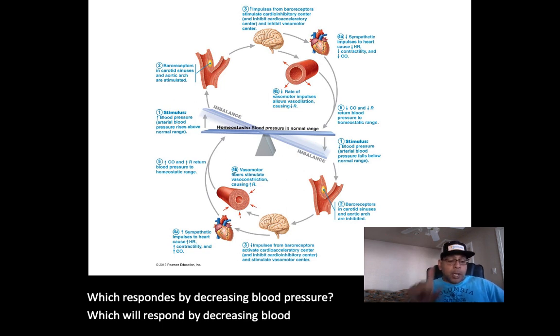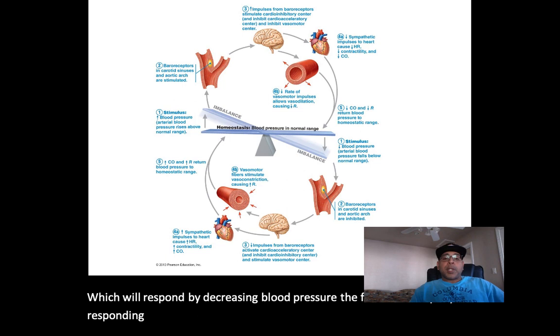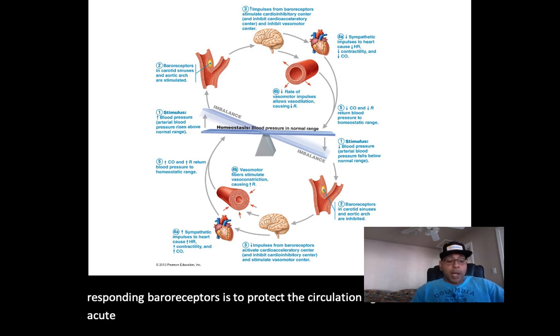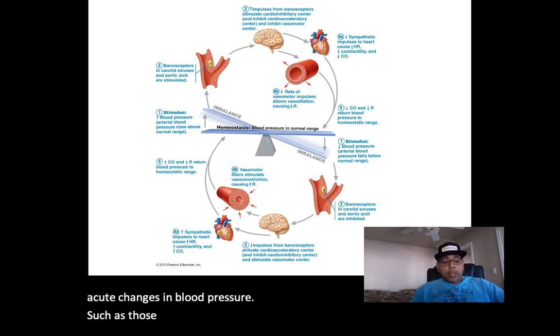The function of rapidly responding baroreceptors is to protect the circulation against short-term or acute changes in blood pressure, such as those that occur when we change position or posture.